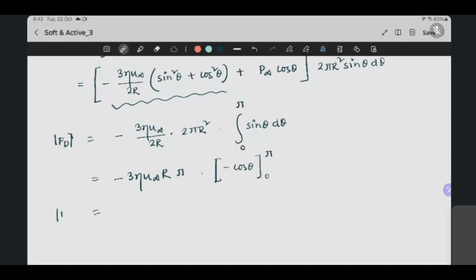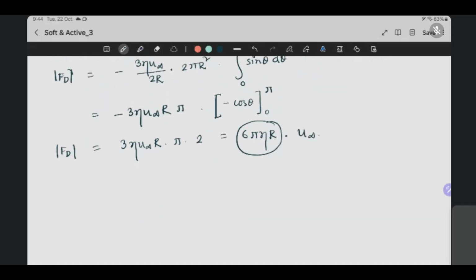So if you take the mod of this, then it becomes 3 eta u naught r into pi into 2, that is 6 pi eta r times u naught. So this is the Stokes drag coefficient. Stokes drag coefficient gamma is here this 6 pi eta r.